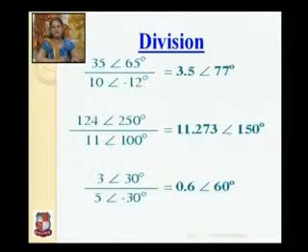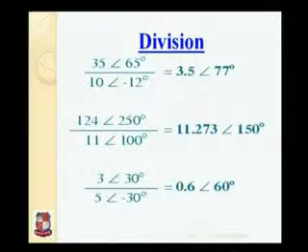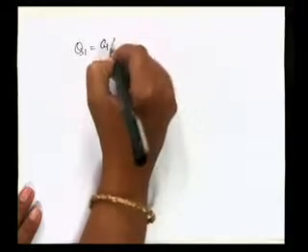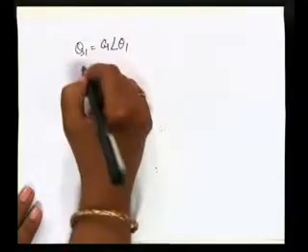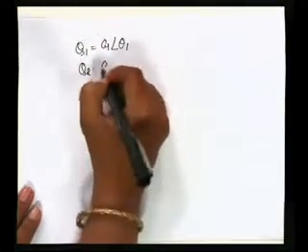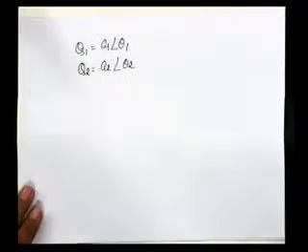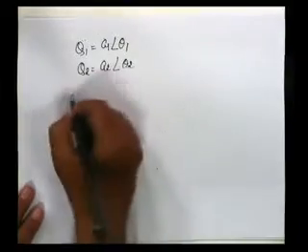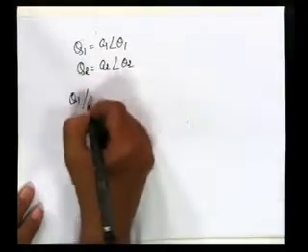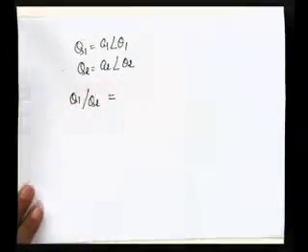Now division. For division also you have to prefer polar form. Suppose one vector is given, q1, which is equal to a1 angle theta 1, and q2 which is equal to a2 angle theta 2, and you have to find the division of these two vectors, q1 by q2.